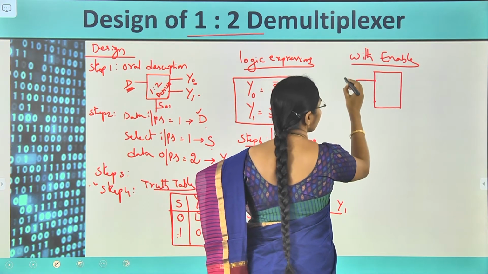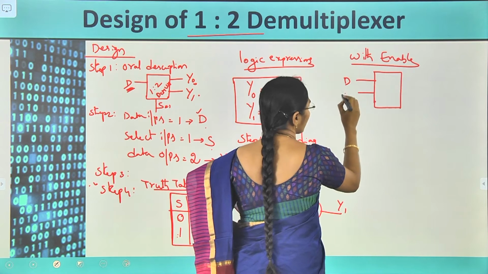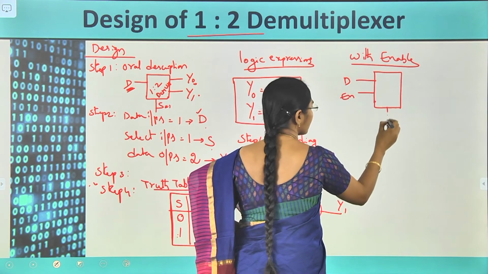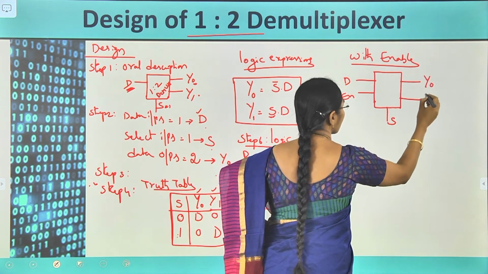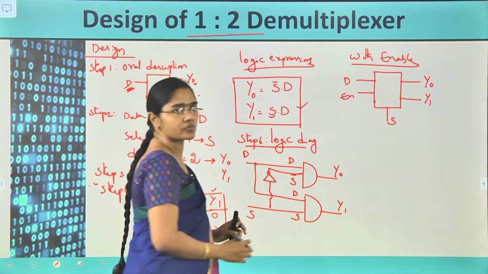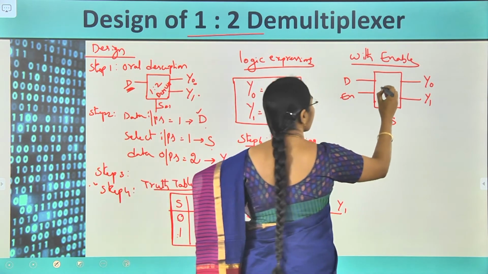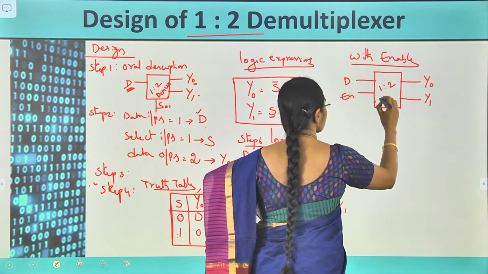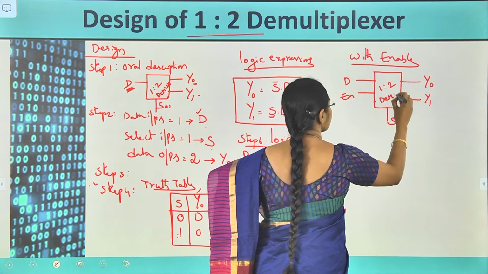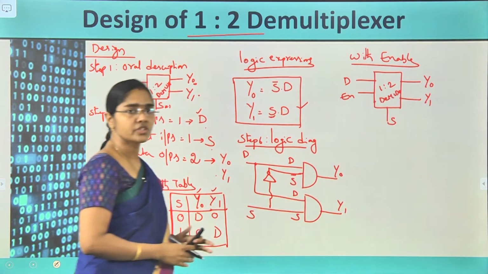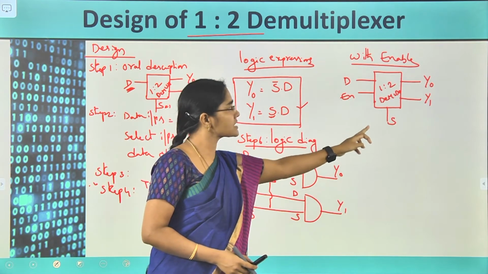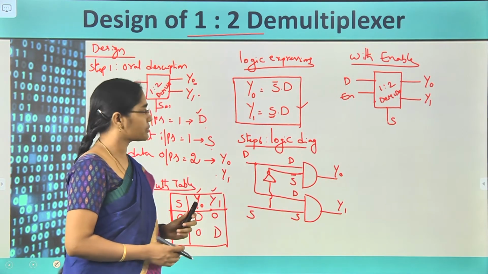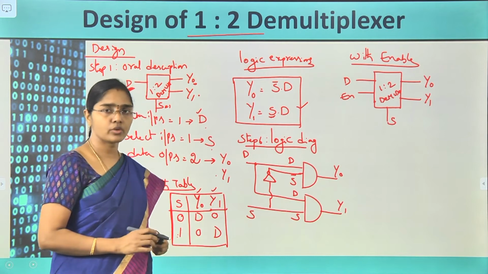One input signal, that is data input, one enable signal En and one selection signal S with two outputs y0 and y1. Okay, so this is the actual problem representation: one enable signal, one data input, one selection signal, two outputs.